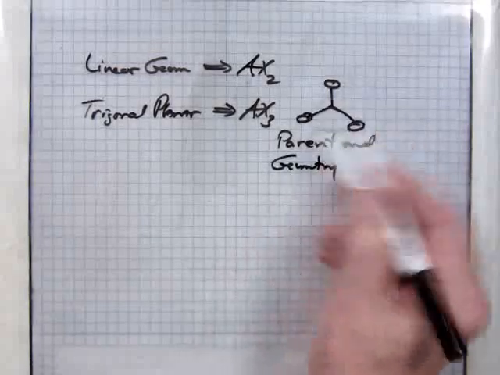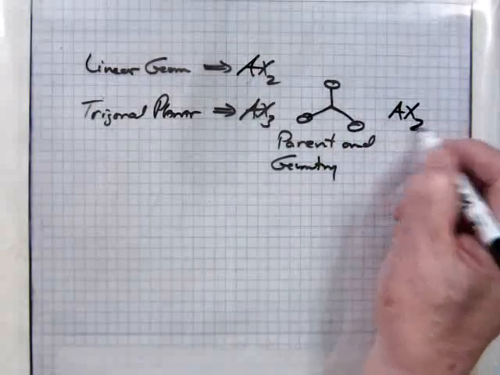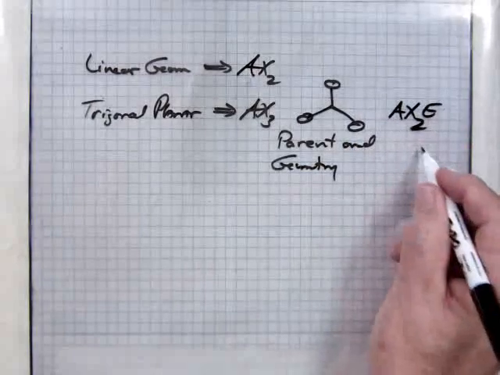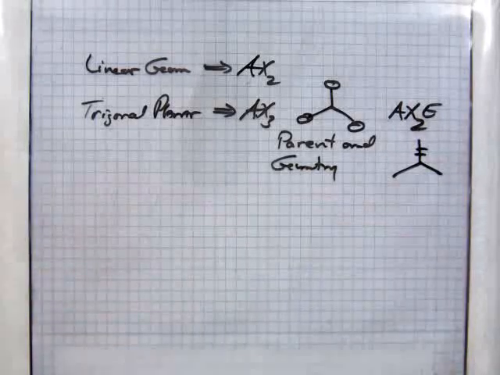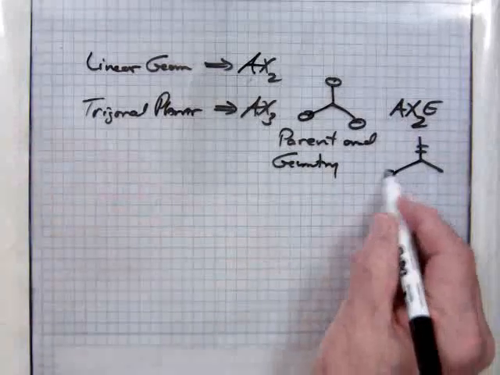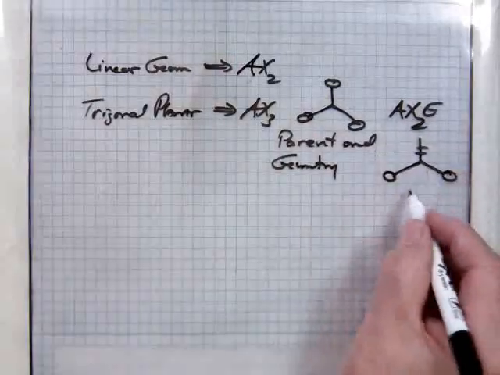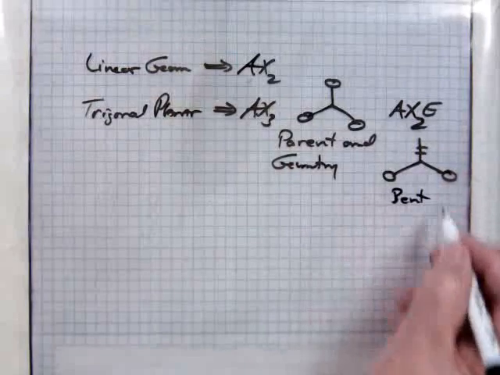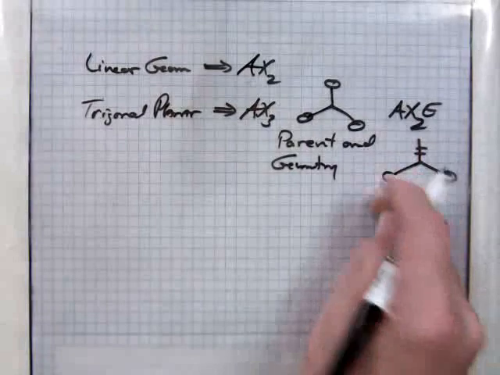However, if whatever molecule you have turns out to be an AX2E, then for that geometry you have to draw one of the bars in that diagram as having a non-bonded pair, and then your substrates would have whatever that is, and that's a bent geometry. So an AX2E is a bent geometry.